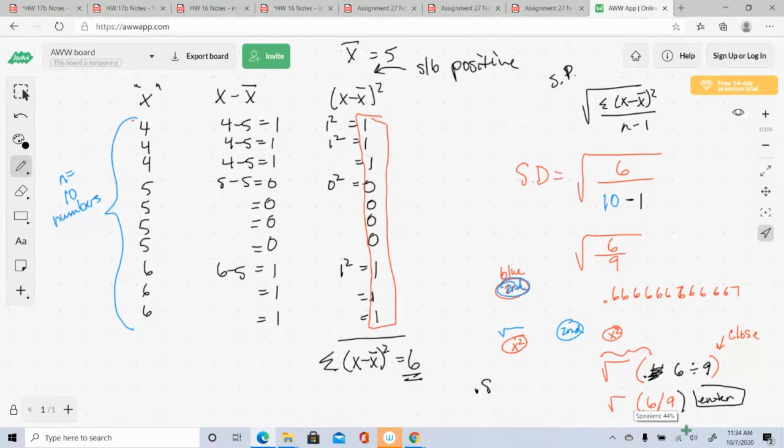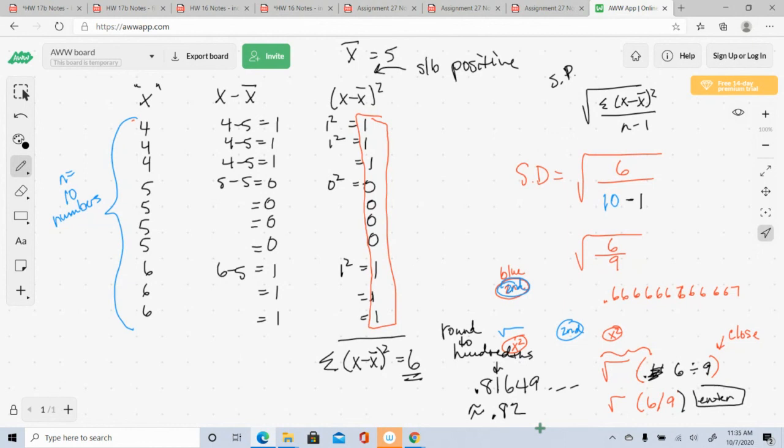That's where you're going to get your number. I'm getting 0.81649, whatever. And if we're told to round to the hundredths place, that would be approximately 0.82.